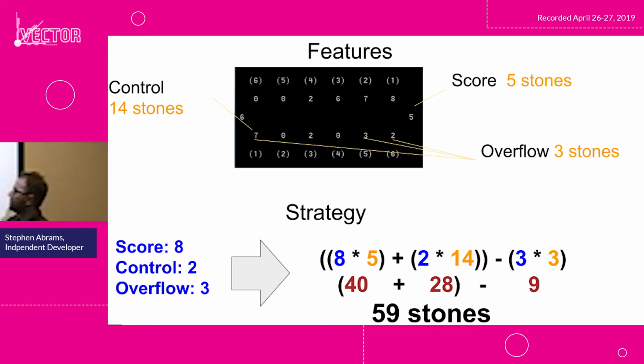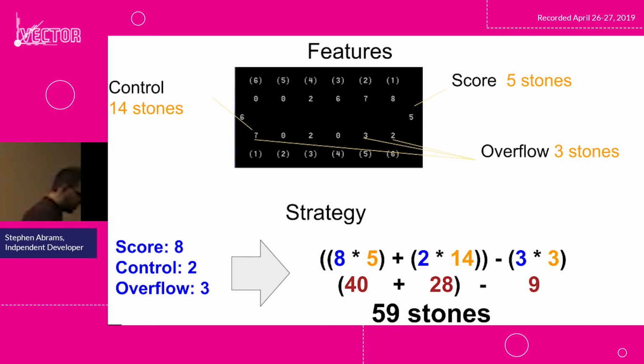I multiply the score by its weight. I multiply the, what did I call this? Control by its weight. Multiply the overflow by its weight. And then the overflow counts negatively toward me because it's actually not good. The other 2 count positively. And I just add them all up and I get a number. So that's what I'm calling the value of the board for me.